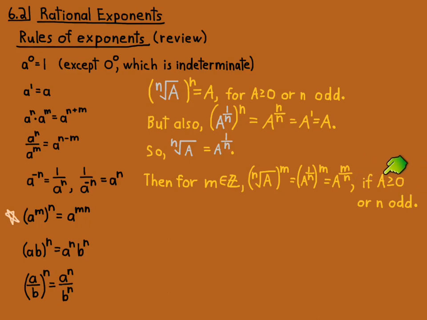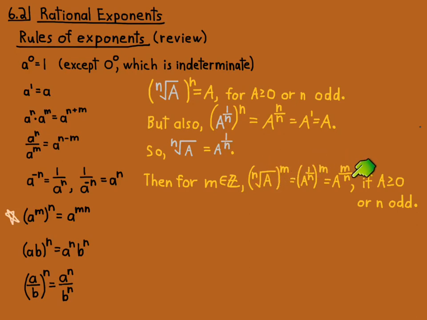If a is greater than or equal to 0, or if n is odd. So if n is even, then we need a greater than or equal to 0. If n is odd, then we don't need that. So you only need one of these two. And that means that if I have a to the m over n, I can write it as the nth root of a to the m.